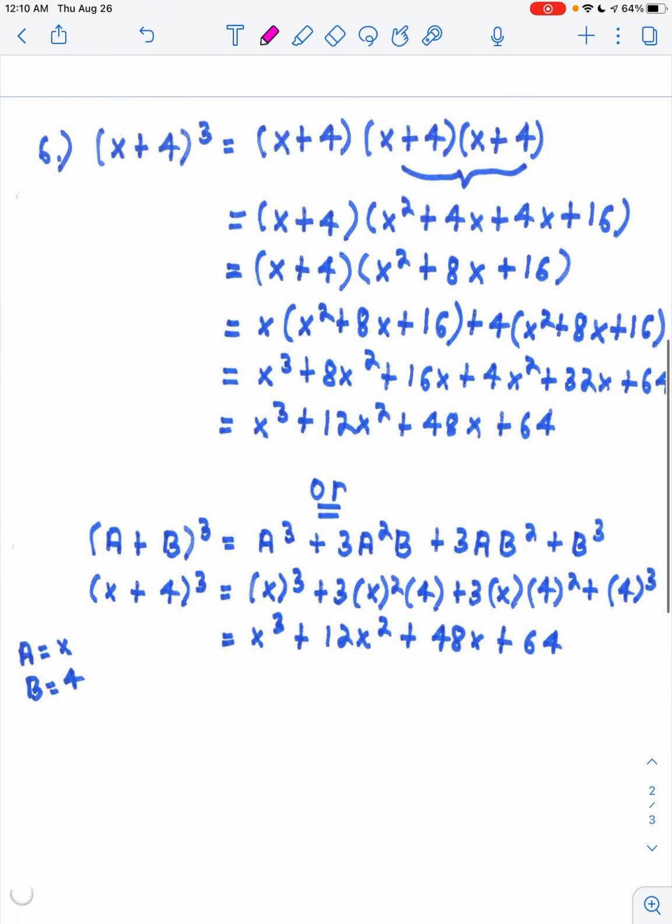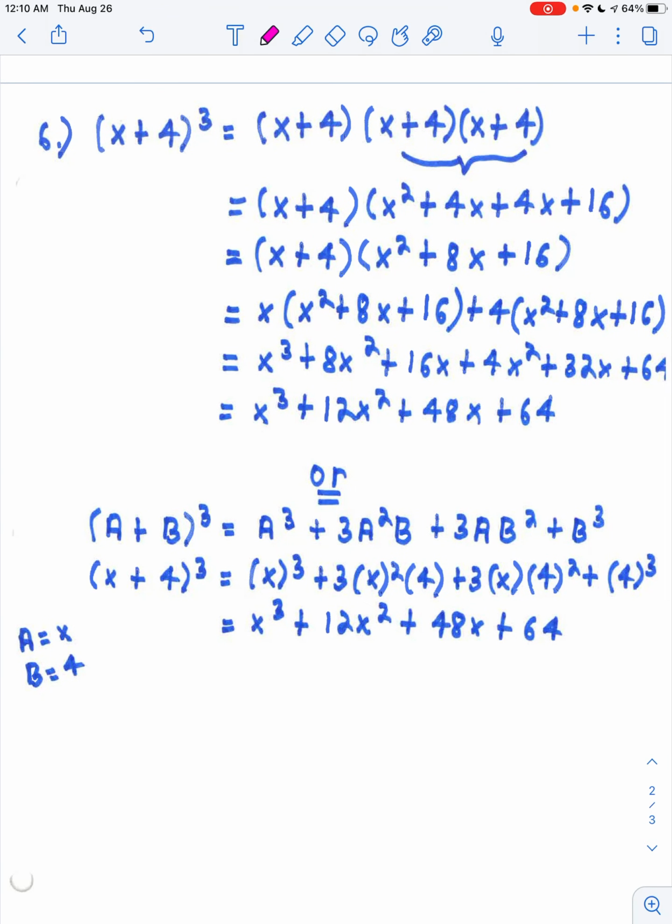Final example. I want to show you all of example 6. If we are cubing a binomial, one way to cube it is to write out 3 factors of x plus 4. That's what the power 3 really means. We are multiplying together 3 factors of the quantity x plus 4. Of course, you can't multiply them all together at once. You have to take 2 at a time.